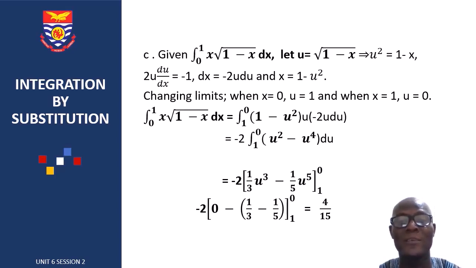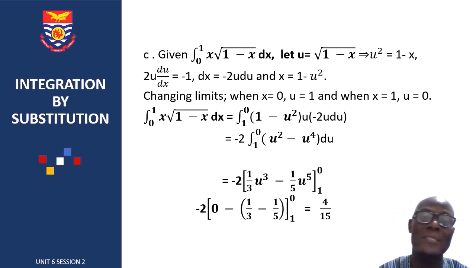And x is equal to 1 minus u squared. Now, since we let u to be the root of 1 minus x, meaning our integral will be in terms of u, and hence the dx must be changed to du.